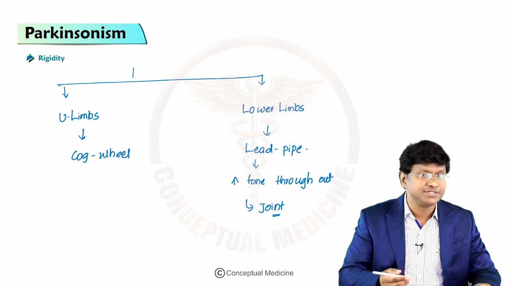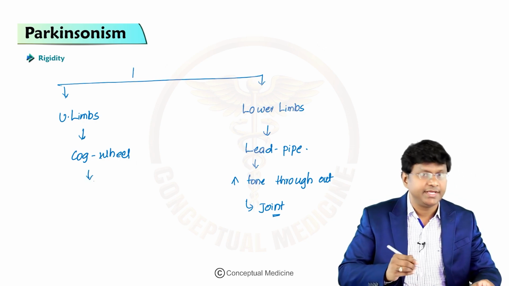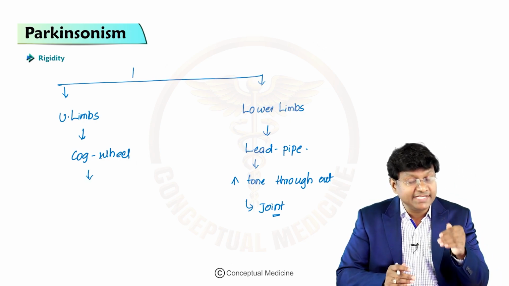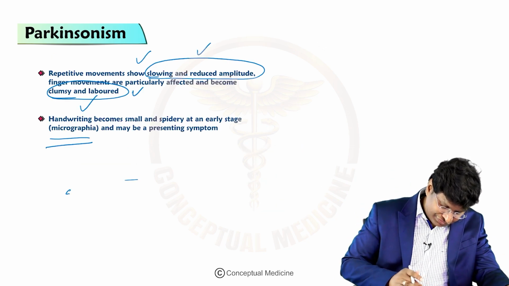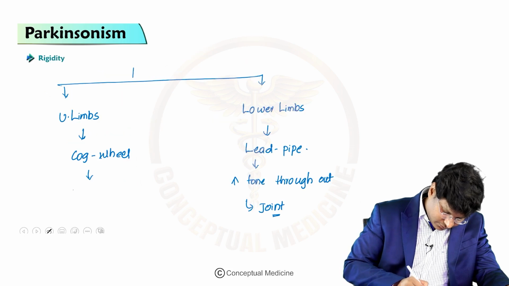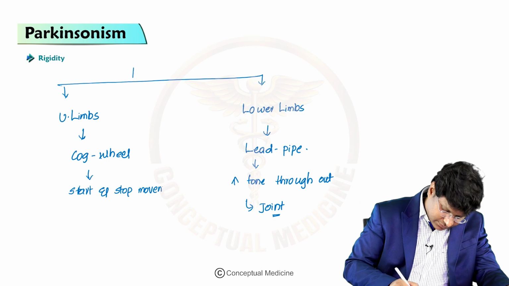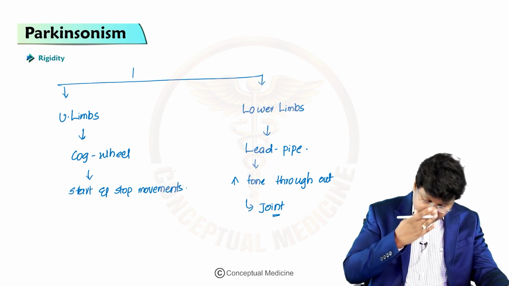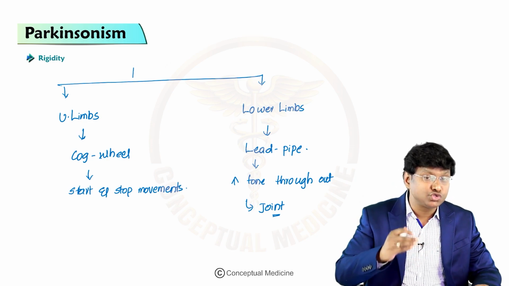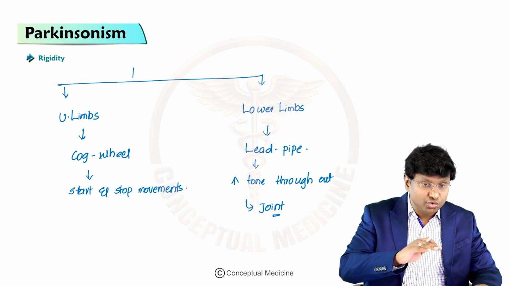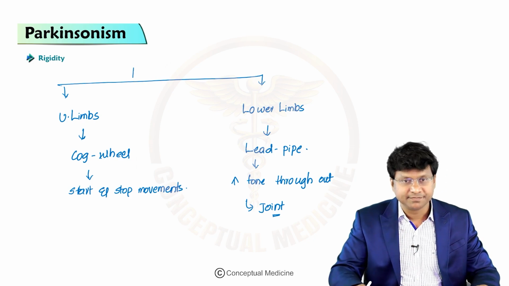Whereas cogwheel rigidity elicits ratchet-like start and stop movements, and these start and stop movements will be there throughout the range of motion of a joint.